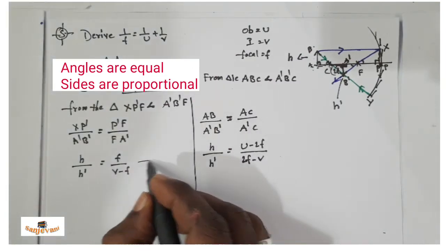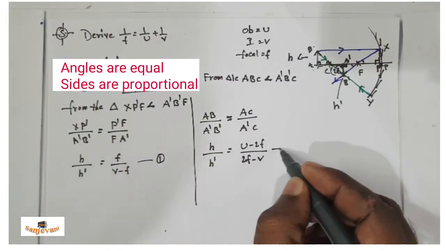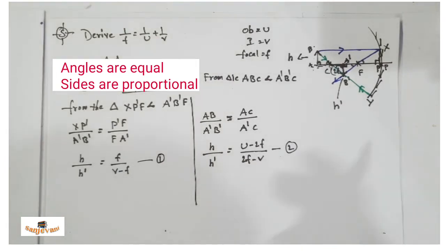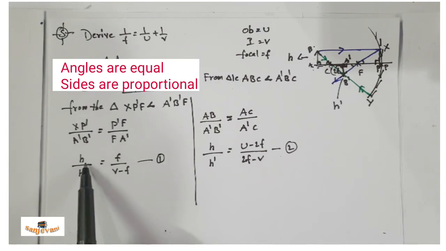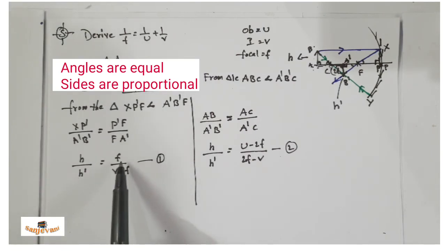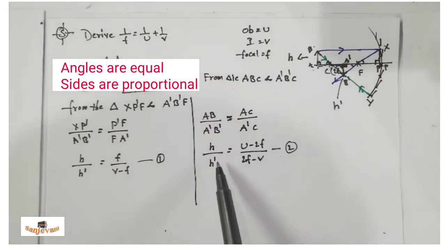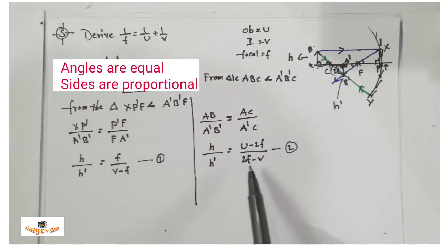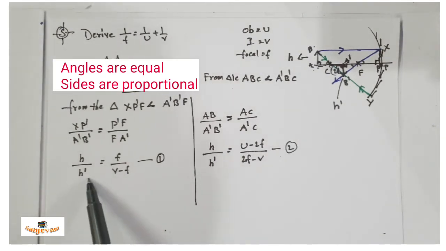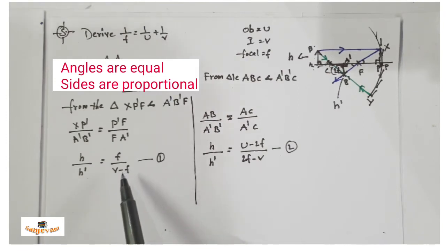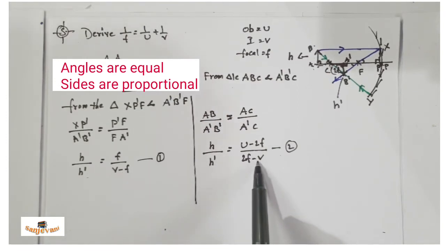Next, this is equation 1. Consider this as equation 2. If you observe 1 and 2, you can get a common point here. Here h dash equals f by v minus f. Here also h by h dash is equal to u minus 2f by 2f minus v. These both are equal, so we can conclude that these two must be equal.